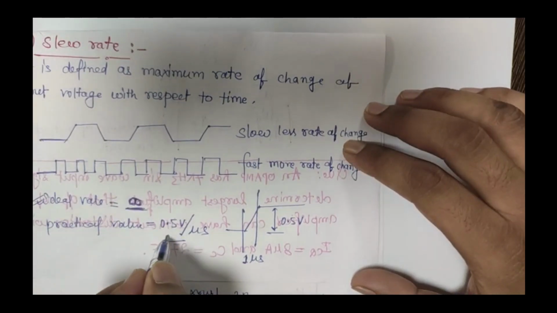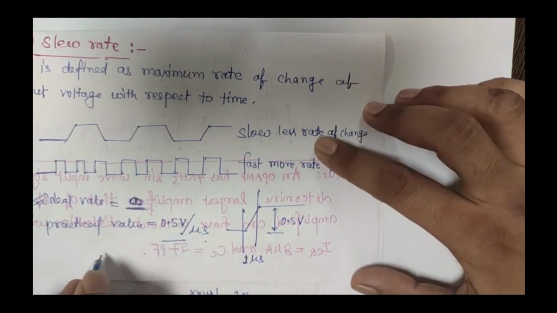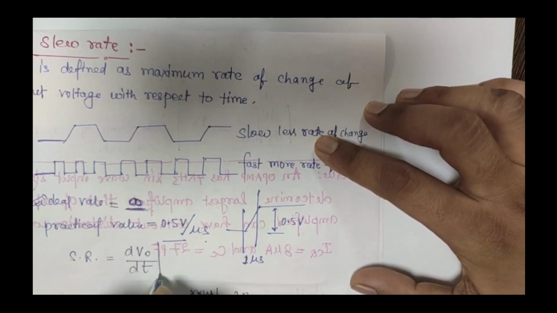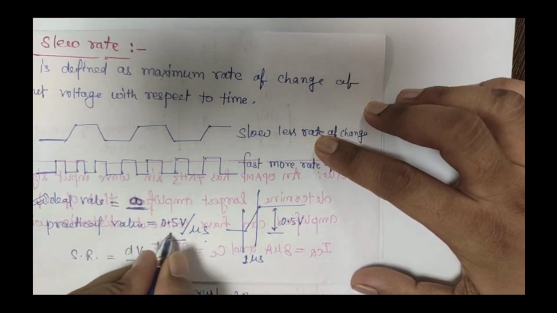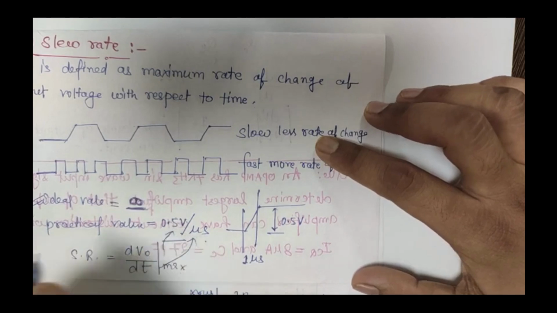Practically its value is 0.5 volt per microsecond, because slew rate is measured as dV naught upon dt max value. So this is voltage, and this is time, so this is voltage upon time.